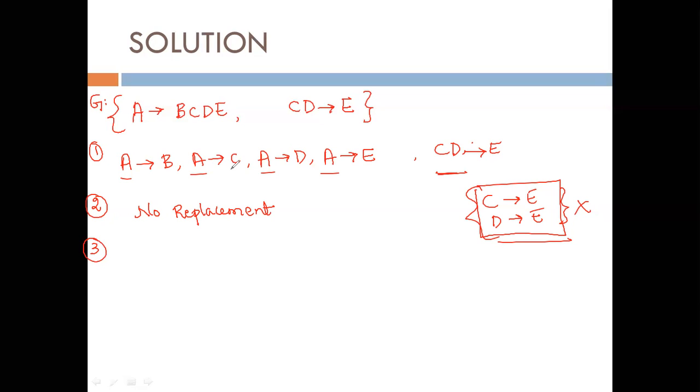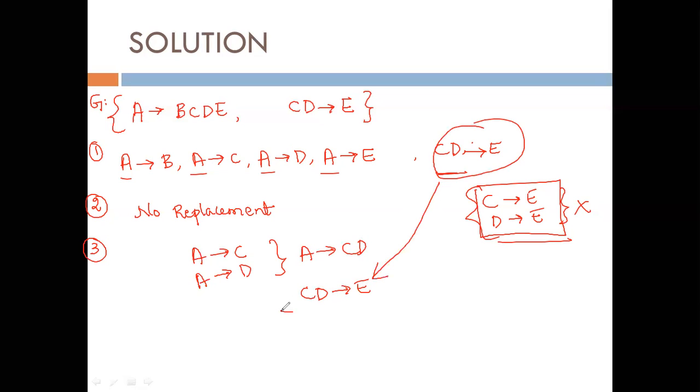See, A is determining C and A is determining D, and CD is determining E. Since the right side can be combined, A determines CD, and CD determines E. Now the transitive rule can be applied and we can write A determining E. This can be derived, but in the set we already have A determining E, so it becomes redundant.